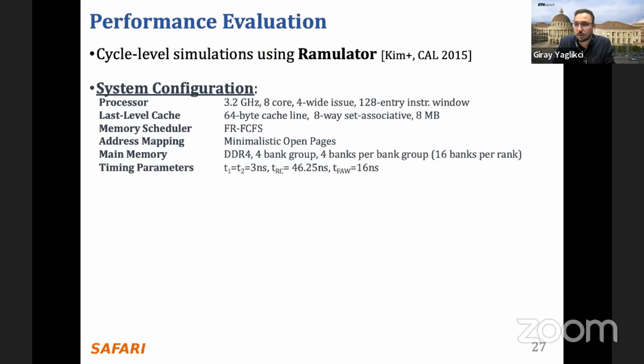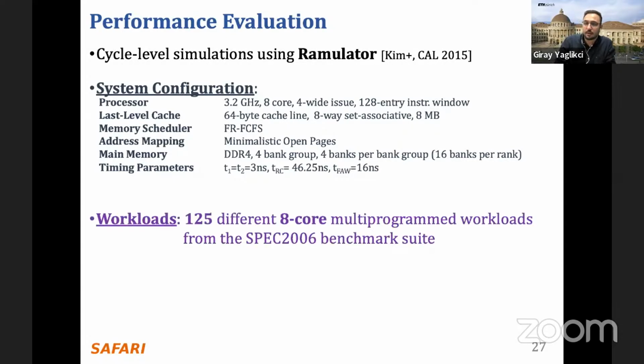We simulated a realistic system here. We don't need to go through the details, but you can see more in the table and in the full paper. In the simulation, we simulated 125 different 8-core multi-program workloads from the SPEC CPU 2006 benchmark suite.